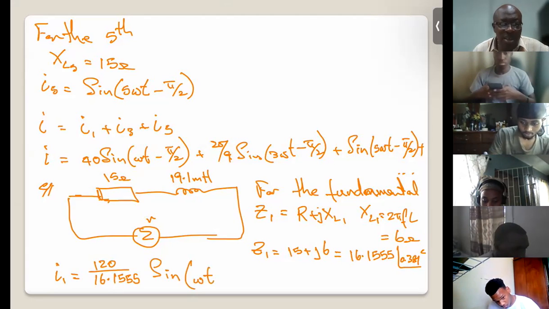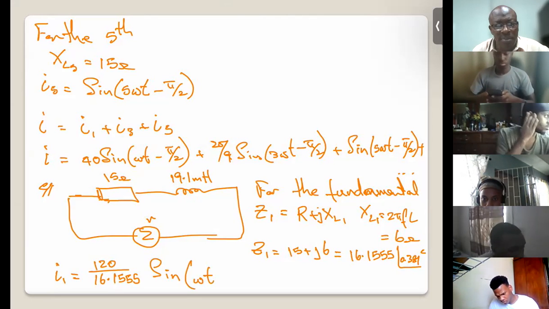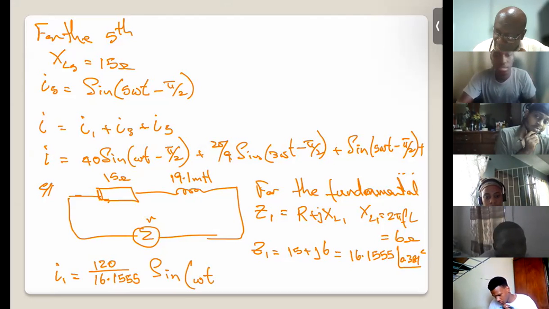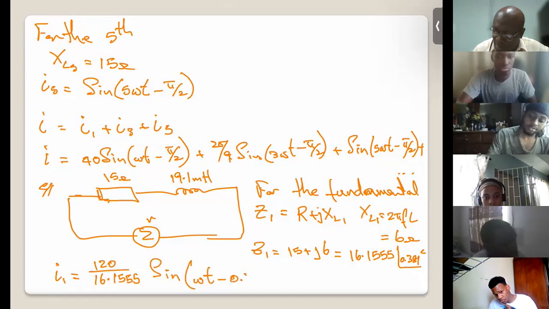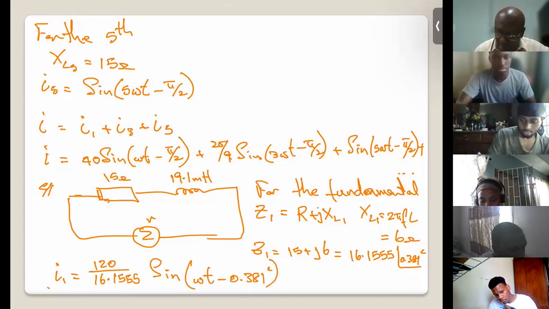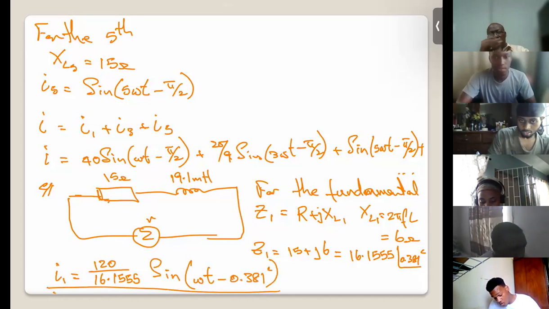Now, would we have minus or plus? Minus, sir. So minus 0.381 radians. And that's it.